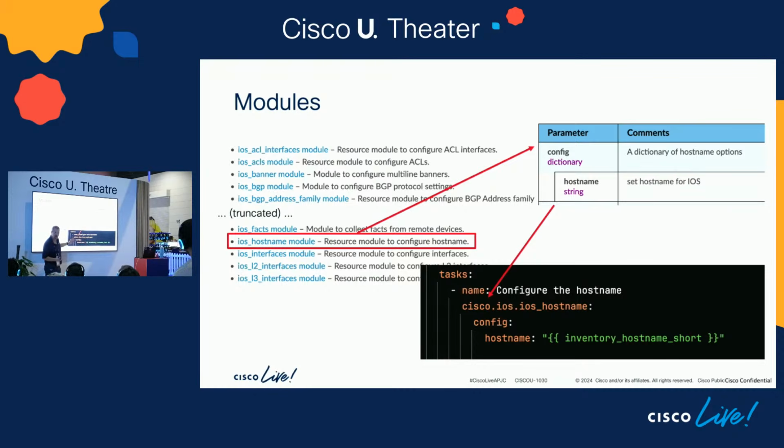And then all we have to do is supply the expected configuration of the parameters. So here, config. Config should be a dictionary, and hostname needs to be in that dictionary, and it's a string. So hostname is part of the config dictionary, and there's that Jinja2 syntax there. So now I can run this against every device in my network, and it will just configure the hostname to what is listed in the inventory. I don't have to write a separate play for each device.